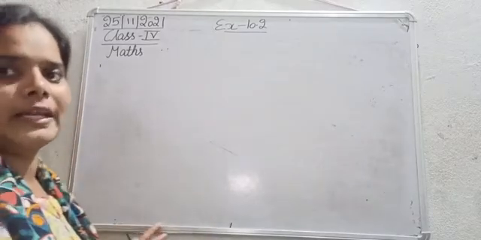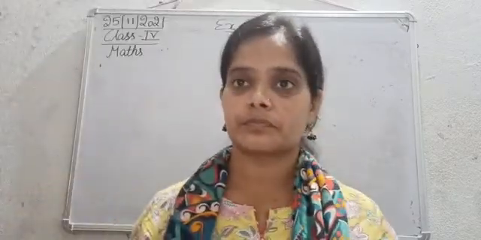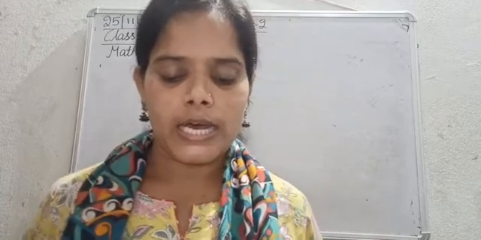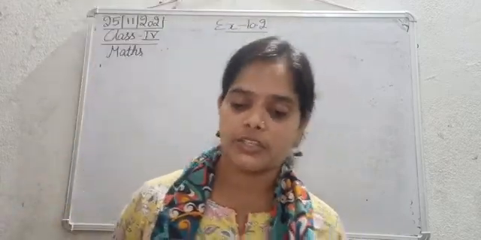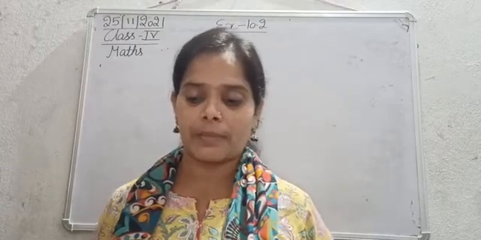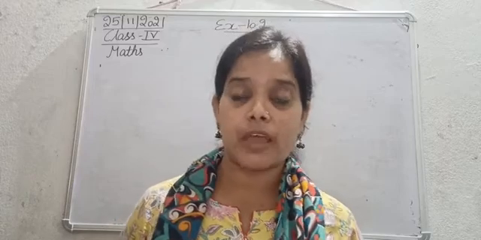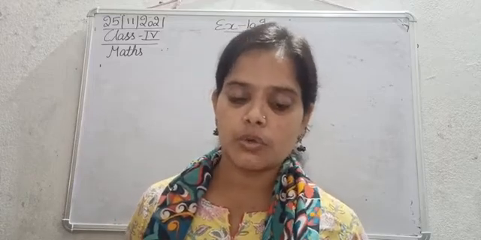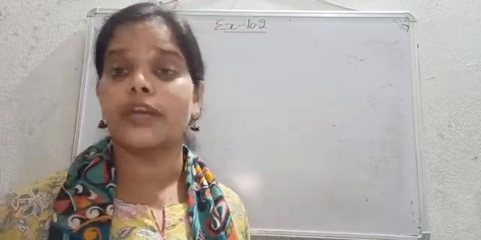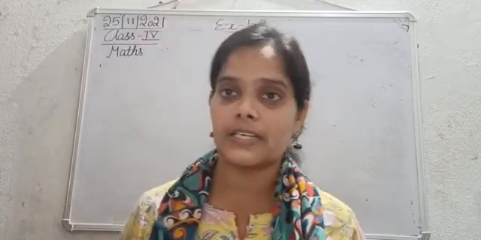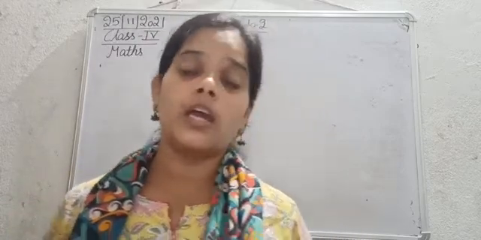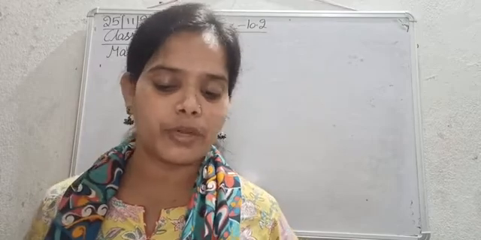So the question number 11 is, A charitable trust divided 800 kg ration among 25 families. How much ration did each family get? So here they have given the total quantity of ration, that is 800 kg, which is divided equally among the 25 families.